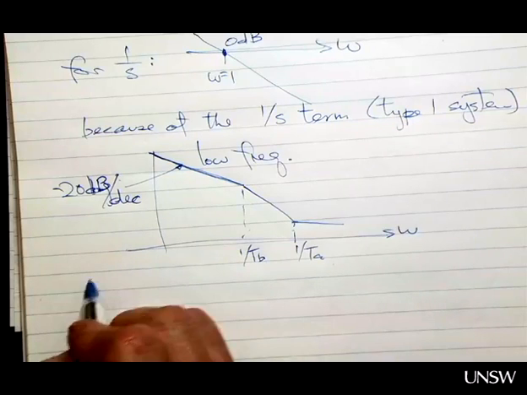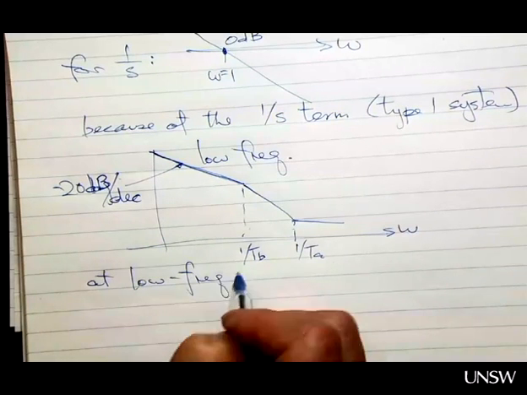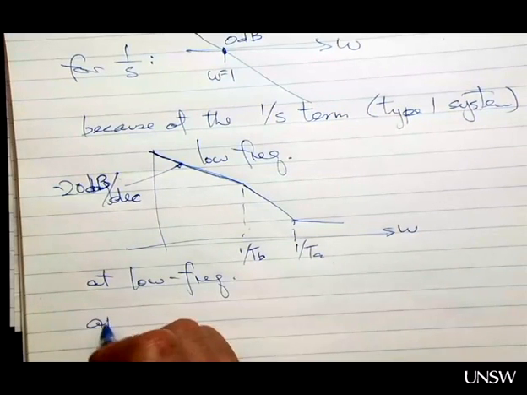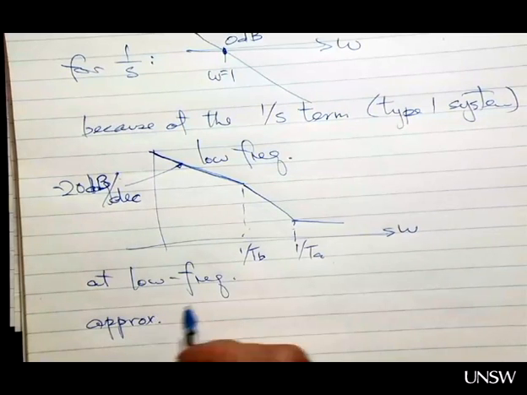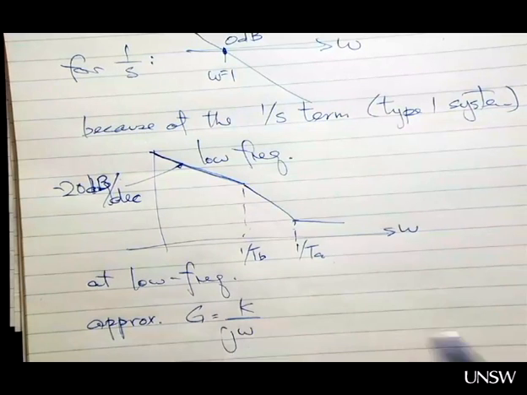Then at the low frequencies, G approximates K over j omega only.